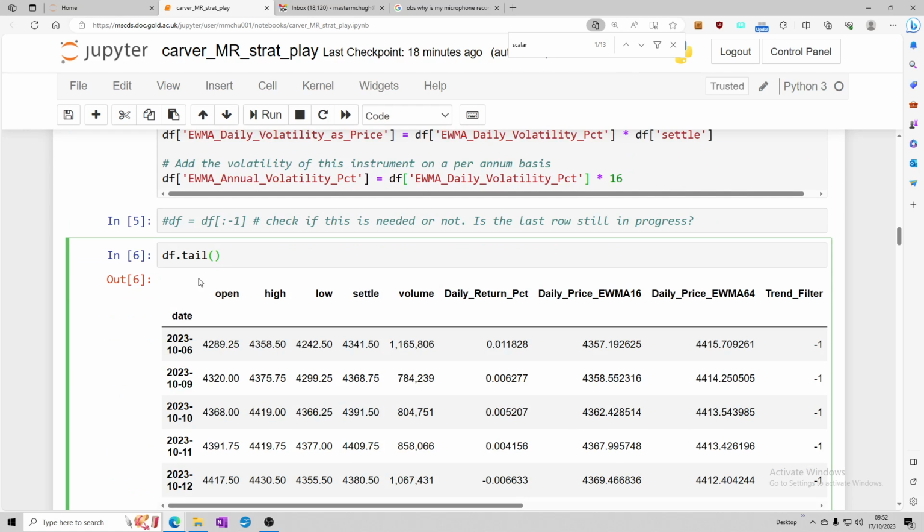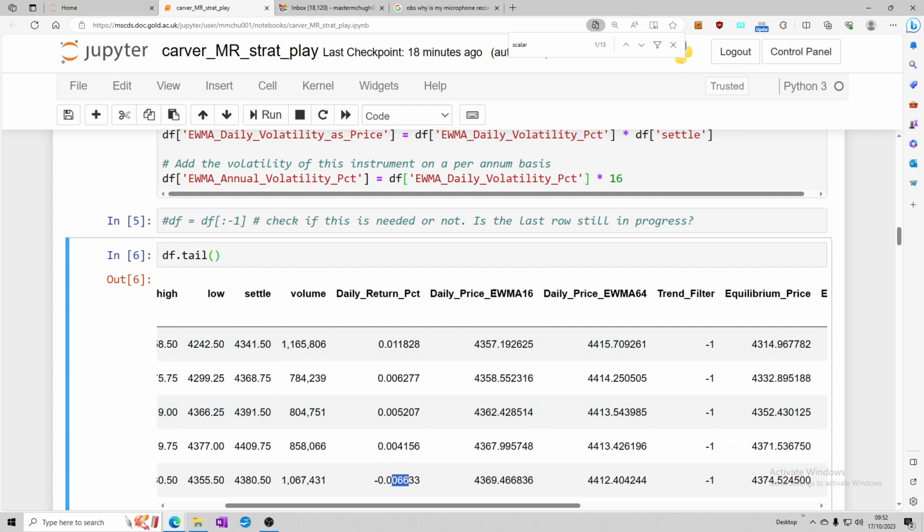So let's check the data frame I now have. I have the prices and volume as I had before. Now you can see I've got the daily return in percentage terms. So this day exhibited a decline of 0.66% versus the previous settlement price.